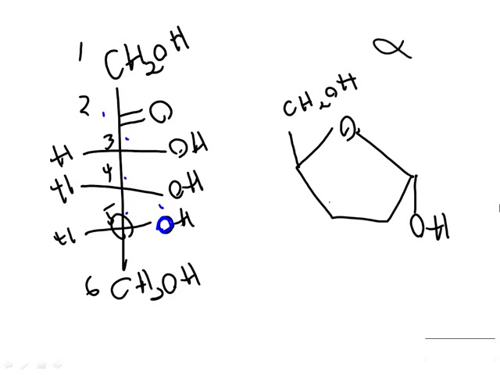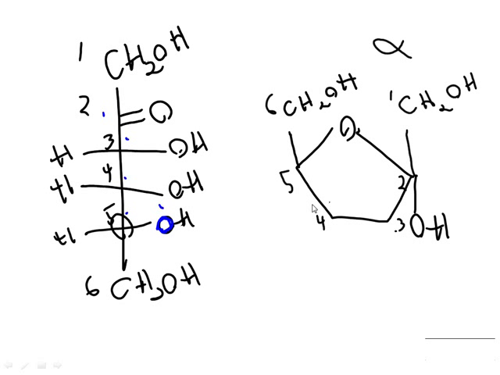But also it's important to understand, coming off of, so this is carbon 2, 3, 4, 5, and 6. So it's important to understand also coming off of carbon 2 is carbon 1. So it's going in the opposite direction of whatever the OH goes. We still call this alpha because the OH and the CH2OH, these two things are opposite each other, but this just fills up wherever the blank is.